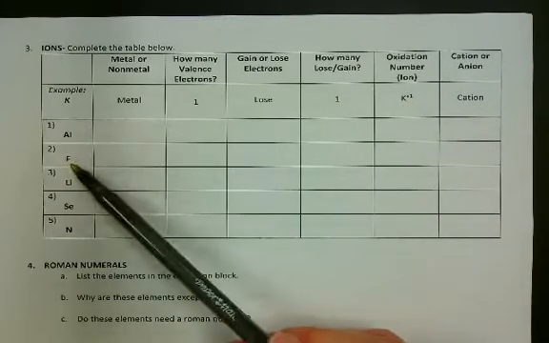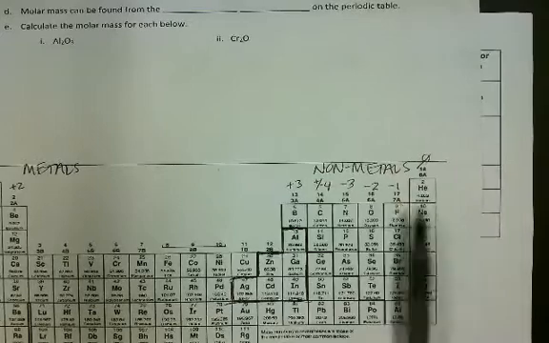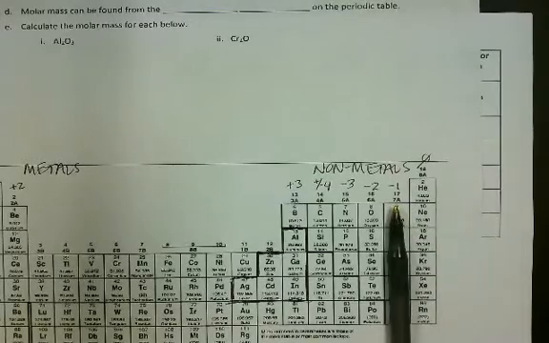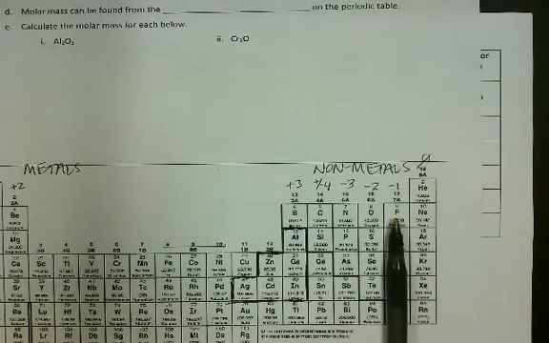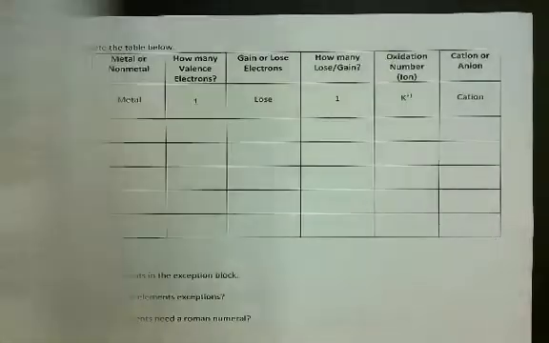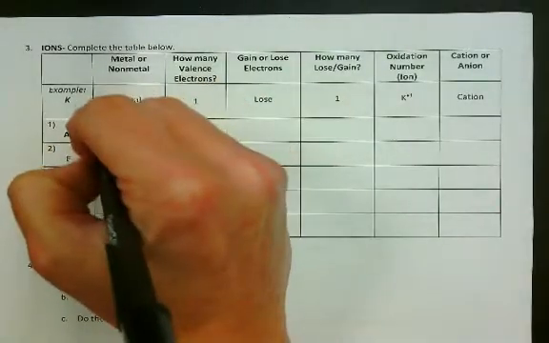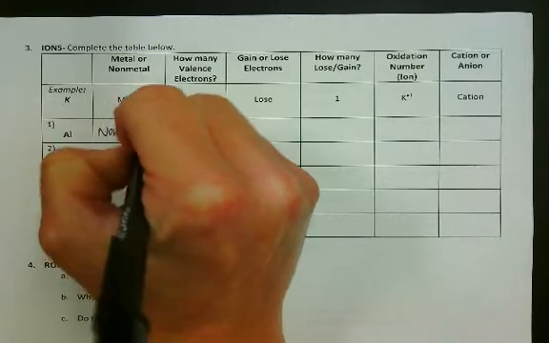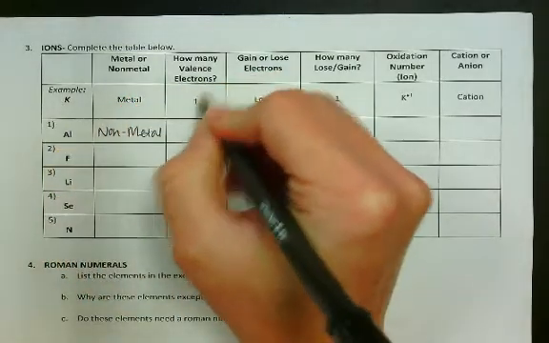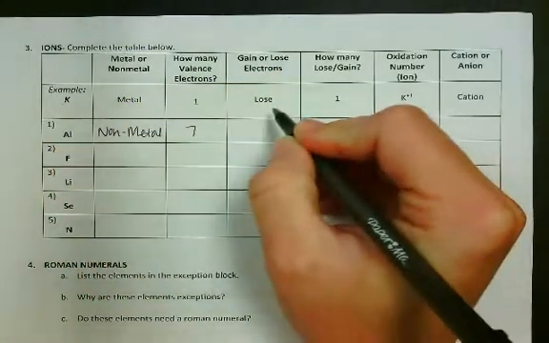and we know it's a cation. So if we look at fluorine, fluorine is located in the second to last column, so that's group 17. We know that has 7 valence electrons, and we know it's a non-metal because it's on the right-hand side of that zigzag. We have 7. What are we going to do?